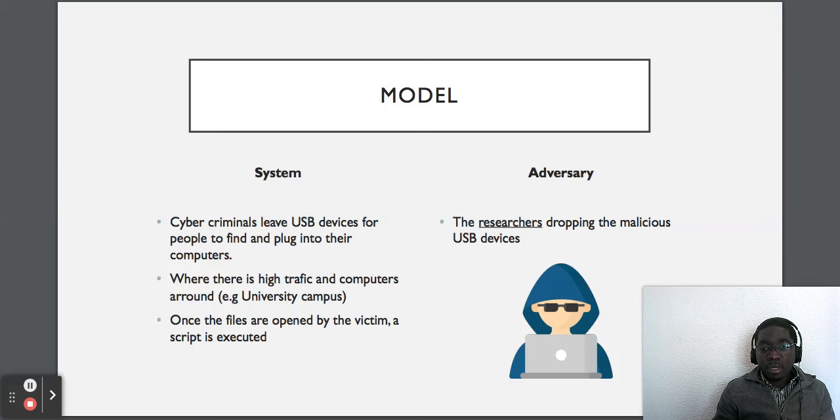The adversary model is those researchers who act like attackers. They have spread around those USB keys on the campus. Then the threat is that the organization may be exposed by a user who plugs in the drive, and that leads to loss of data, loss of confidentiality, as well as spreading around the virus.